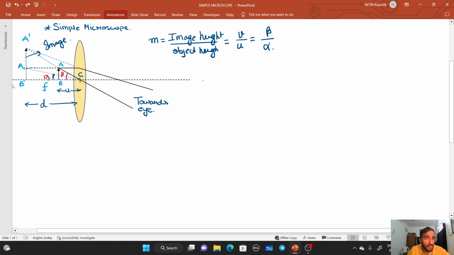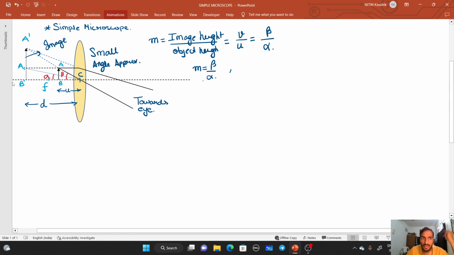So how can we find the magnification? See, clearly we can see that magnification is beta upon alpha, right? Magnification m equal to beta upon alpha. So what we need to do is find beta and alpha. Now how can we find beta and alpha? For this we have to approximate, right? See, in optics all the angles are small angles, so we will take the small angle approximation.